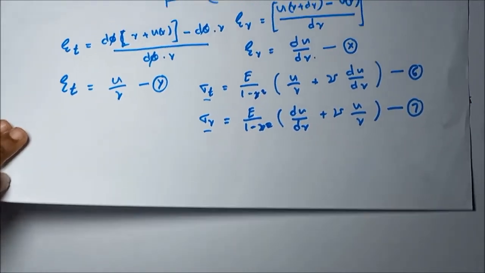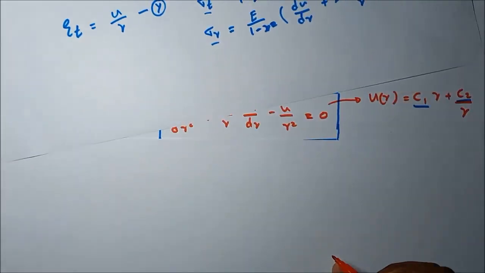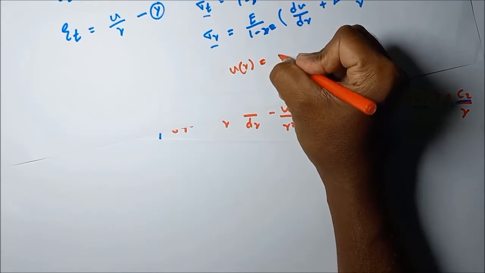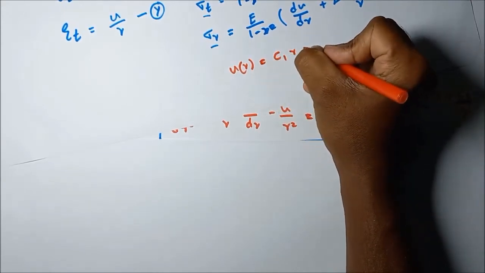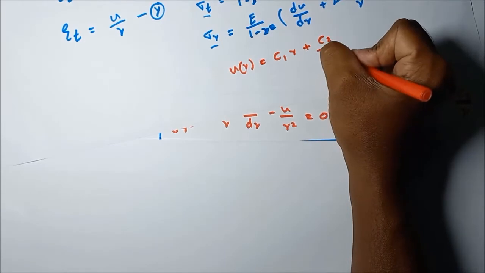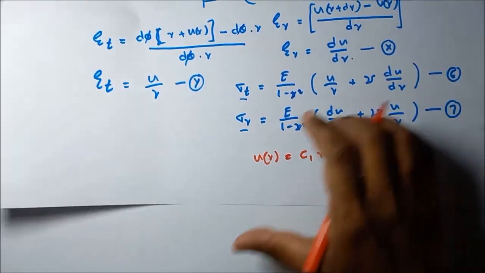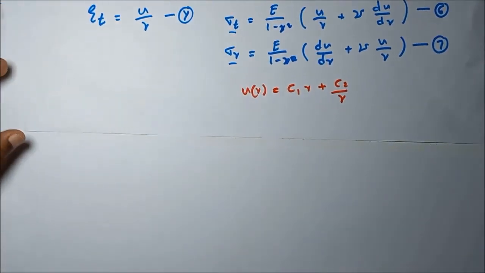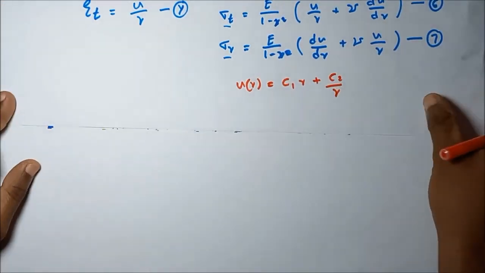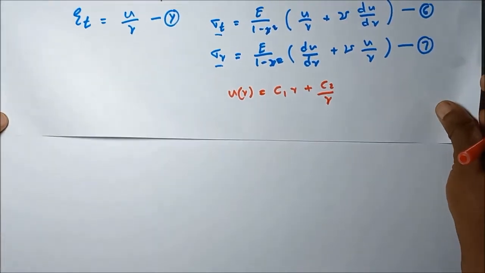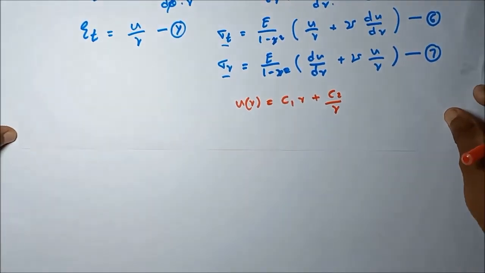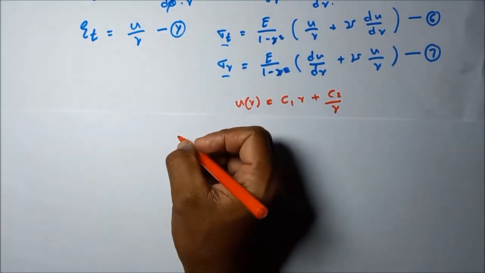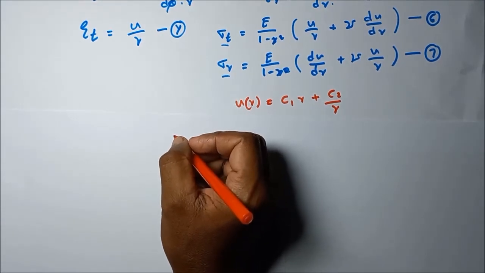Okay, let me take this equation. The u of r, we have obtained this u function in this kind of format, C1 r plus C2 divided by r. Then this one I'm going to substitute in equations 6 and 7. Let me substitute that one. Okay, the sigma t function.